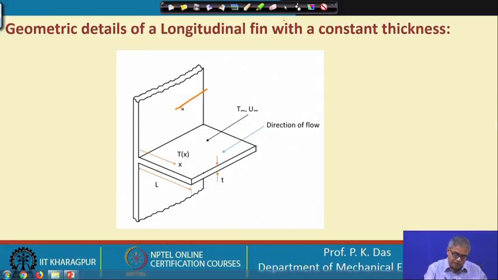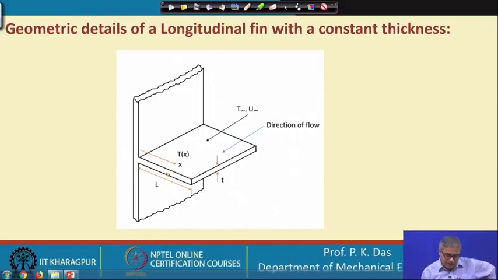Due to that there will be some sort of convection. That is why I have told that fin is a conductive convective system. The length of the fin is L, the thickness of the fin is T. In this direction we have taken x, and T(x) is the temperature at a distance x.